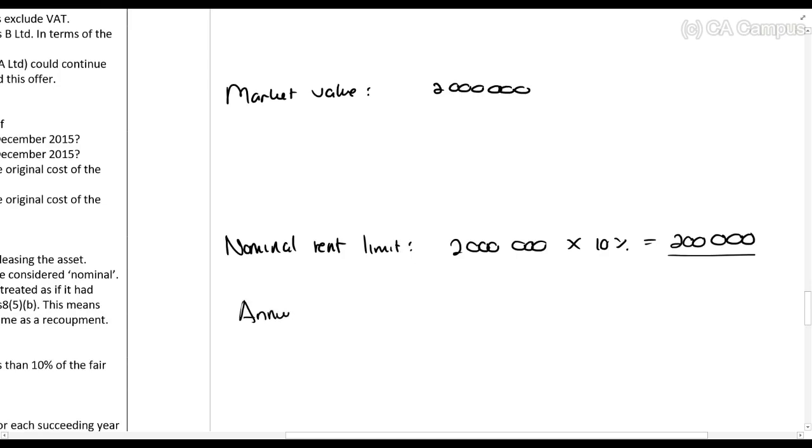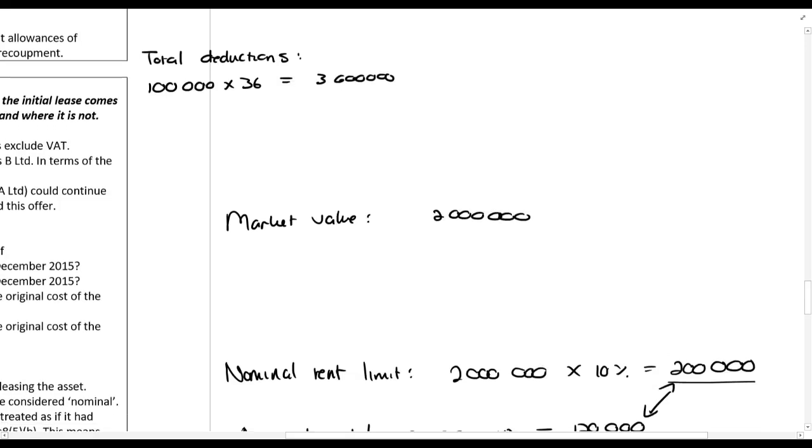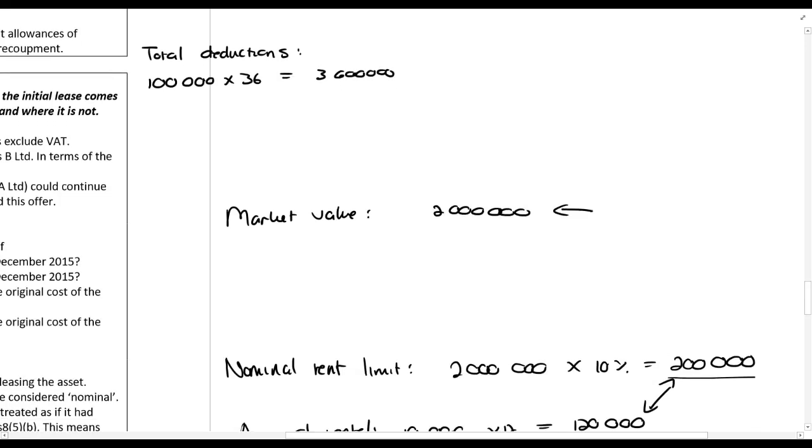Now in this case, the annual rental is 10,000 rands a month, so times 12, so 120,000 rands. So can you see that is less than our 200,000 rands? What they then say is the following. They say you must treat it as if you got this 2 million rands asset and that you paid for it nothing.